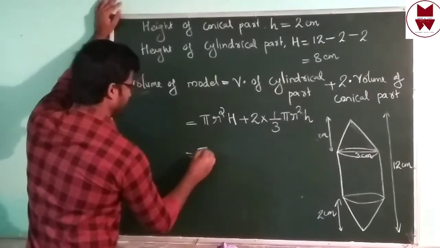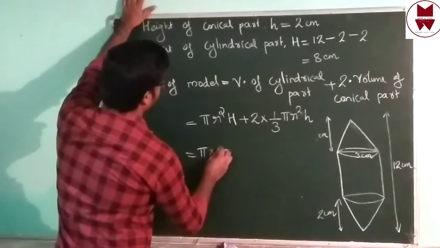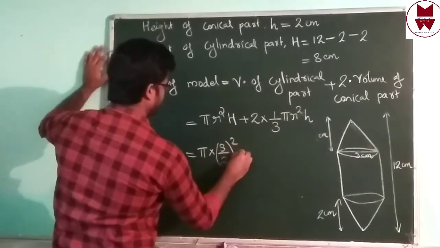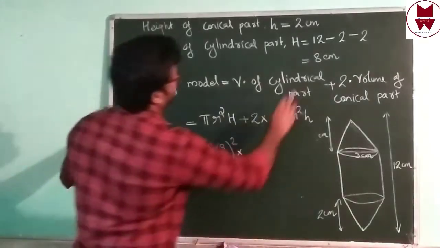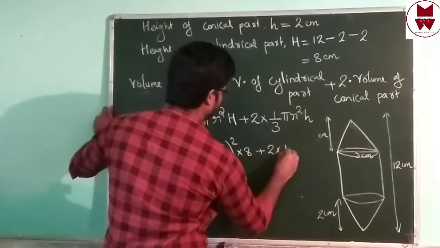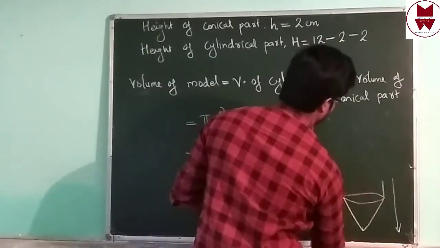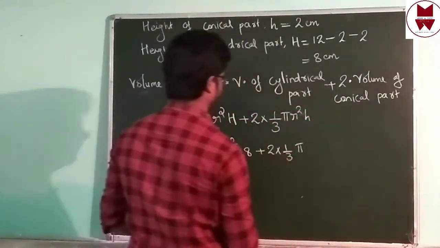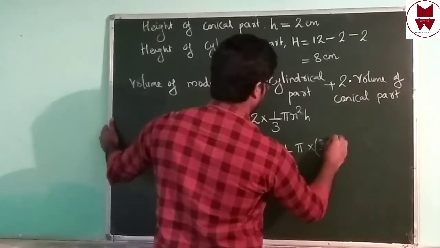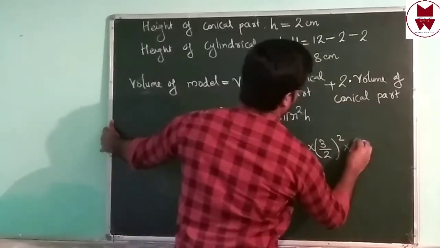Then pi into r square, common radius, that is 3 by 2, 3 by 2 square into H. H is 8, plus 2 into 1 by 3 pi, r means 3 by 2 whole square, into small letter h is 2.